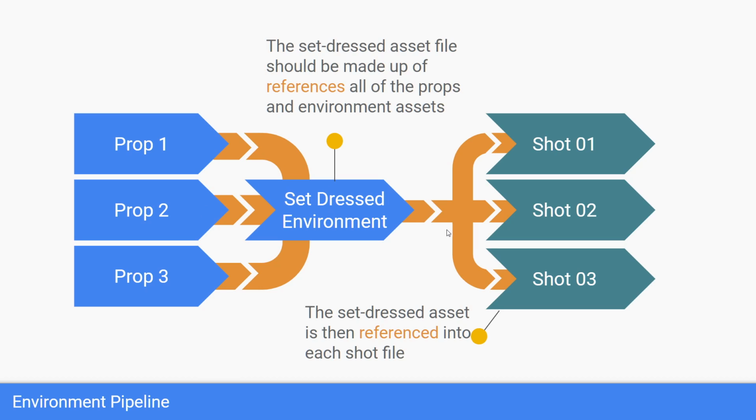I can place something, make a change, and then if I need to make a change, that reference is going to push it all the way into the set dress environment. And then that single set dress environment is then referenced into all my shot files. Okay, so my shot files again are how I'm breaking up my film into different parts based on camera or based on time. And so I'm bringing in that same environment into each of those shot files.